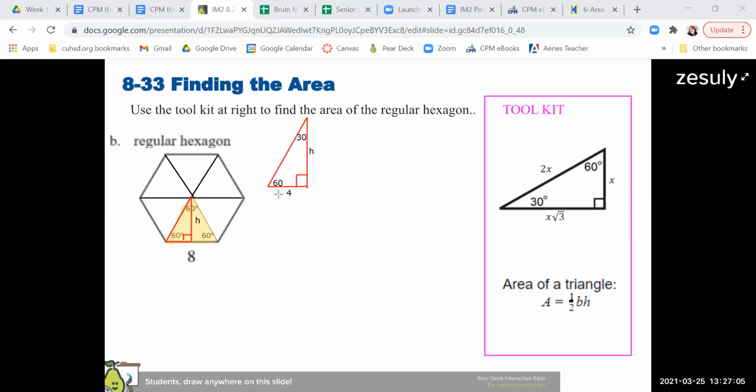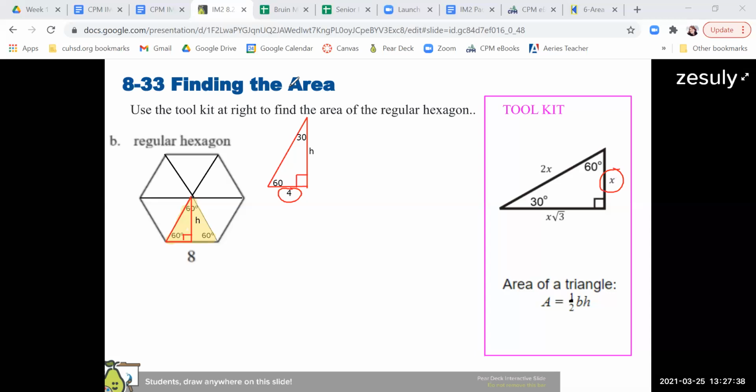So notice how in this 30, 60 right triangle, the shortest leg is 4. In the toolkit, the special right triangle, the shortest leg is x. So if x is 4, then the side perpendicular to it is 4 times √3. Using this diagram as a guide, I'm just matching up my sides. If this length here is 4, then our x is 4.